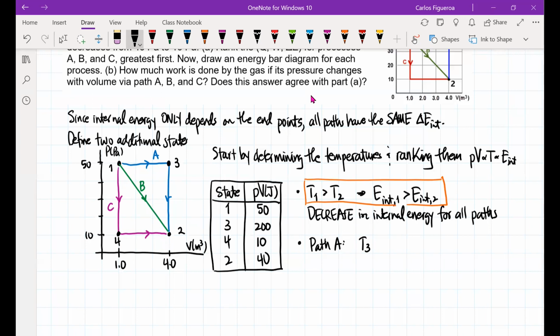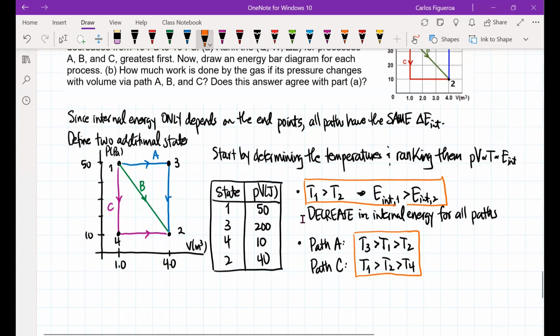And then if I compare 1 to 2, you could see here that T1 is greater than T2. I'm going right off the table. And then if I look at path C, that's going from 1 to 4 to 2, the rankings are that the temperature at 1 is greater than 2, which is greater than 4. So I now have all of the temperature rankings, which then also tell me the internal energy rankings.